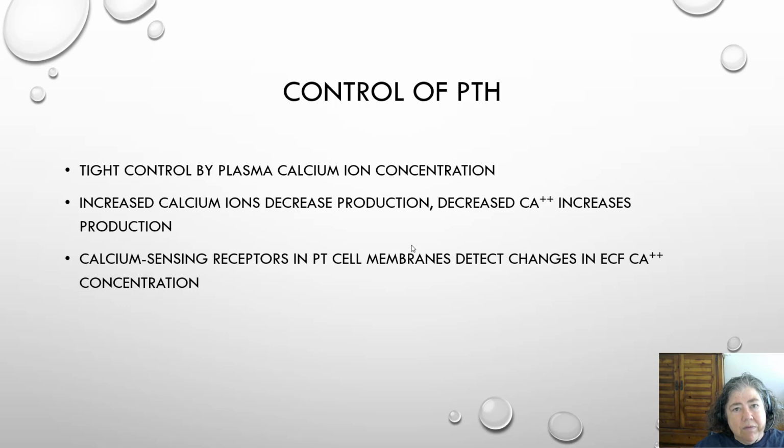And if calcium levels are low in the plasma, we make more PTH. There are receptors in the parathyroid chief cell membranes that detect changes in the calcium concentration in extracellular fluid and turn the hormone producing mechanisms on and off.